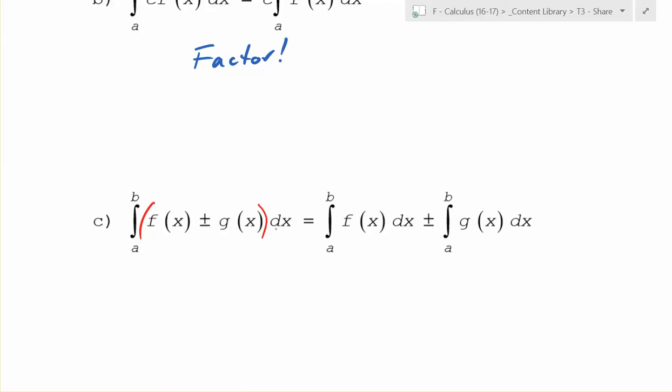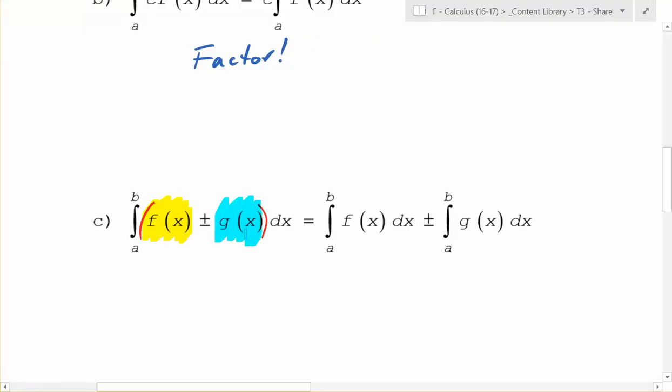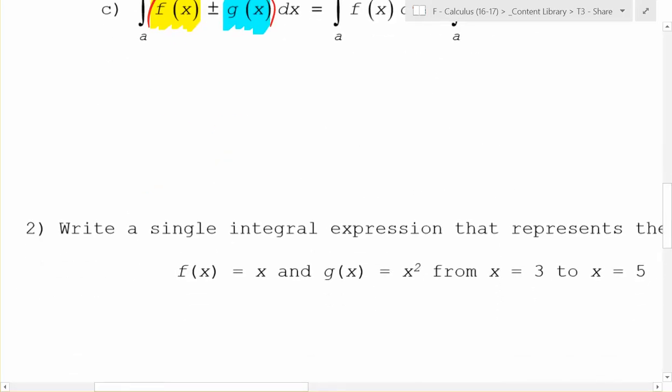You can do each one individually. Will that help you at some points? Absolutely. Sometimes you're going to be working on an integral and f is going to be really straightforward, but g is going to be a pain in the butt, right? So what do you do first? Do the easy part. Do the integration for f. And then you might have to learn something about how to attack the second part. But you can do them in pieces.